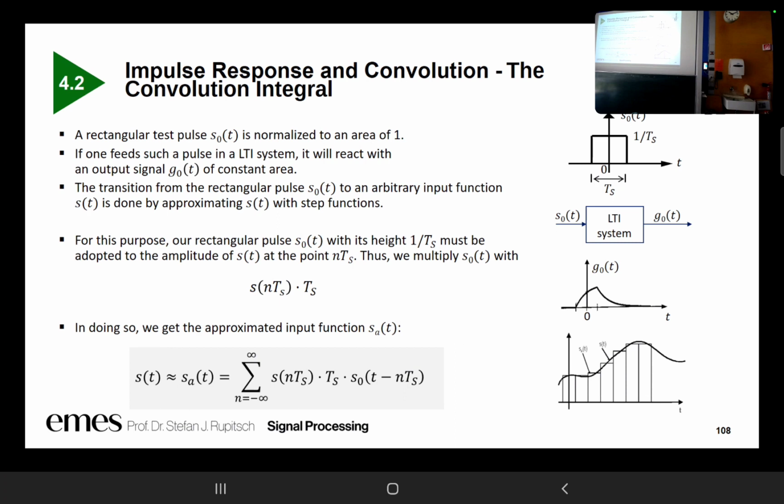And this information is very useful for us because we can substitute our original signal, this black bold line here, by means of rectangular signals shifted in time and scaled in the amplitude. Okay? And this works quite well because our system is linear time invariant. We can scale the input and we can also shift it with respect to time. Okay? We approximate this complicated curve here with simple rectangular pulses, which are scaled in the magnitude and shifted in time. Okay?